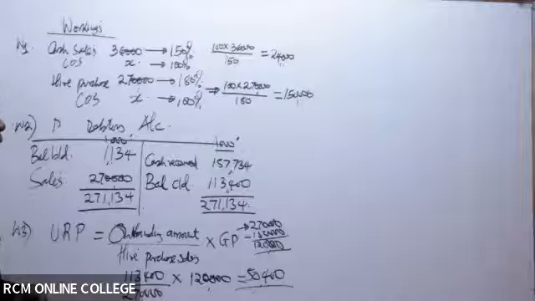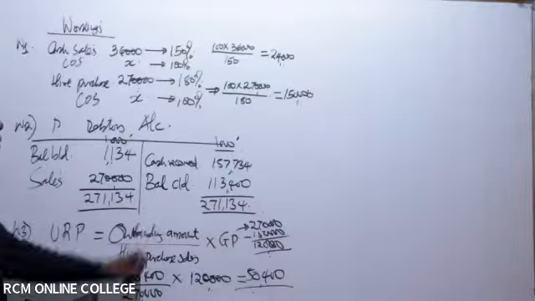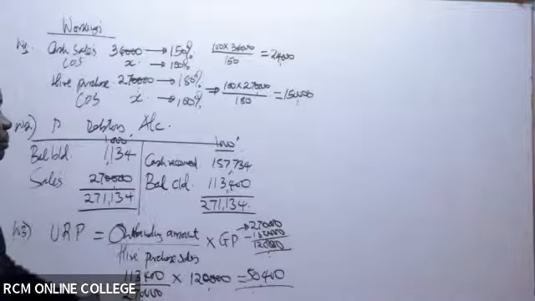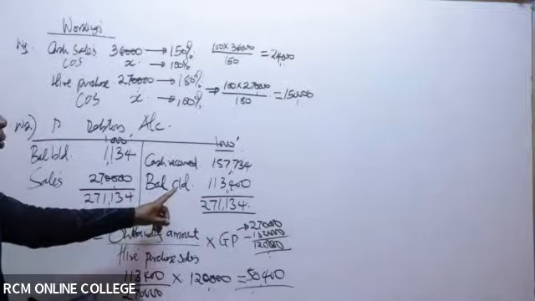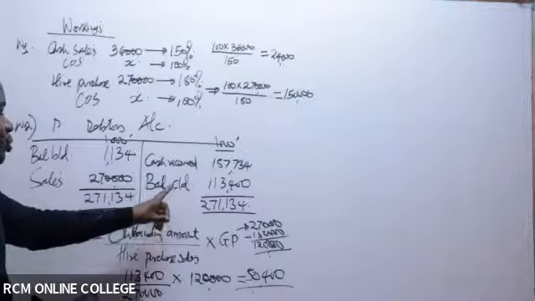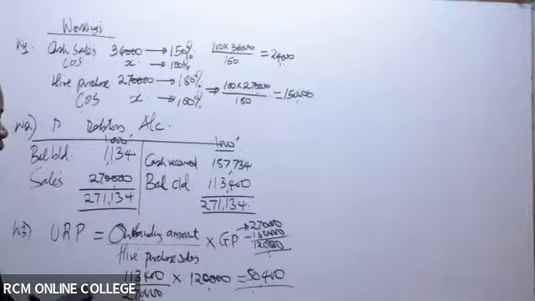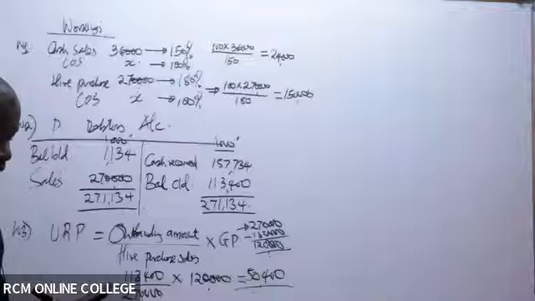It will also affect our balance of outstanding debtors by the end of the year. It will be deducted from there when you come up with the statement of financial position. That is the unrealized profit during the year.